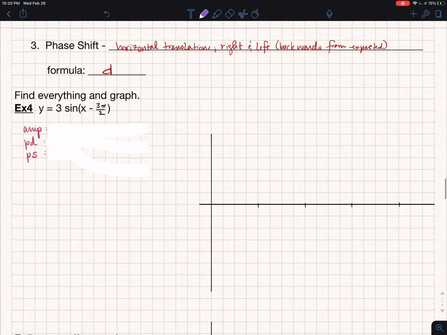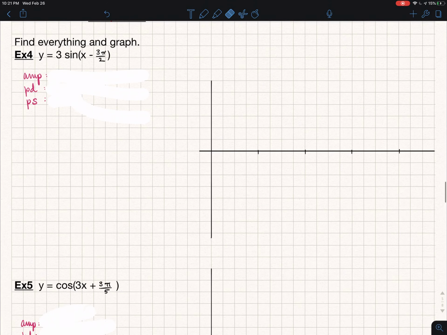All right, for the phase shift, the formula here is just D. Again, go back to that standard equation if you forget what D is. The amplitude on this example is 3. The period is going to be 2 pi over b, which is just 2 pi over 1, which is 2 pi. And the phase shift, think back with me to something that you did in Math 110. Remember in Math 110, you had something like y equals a times the quantity x minus h squared plus k.